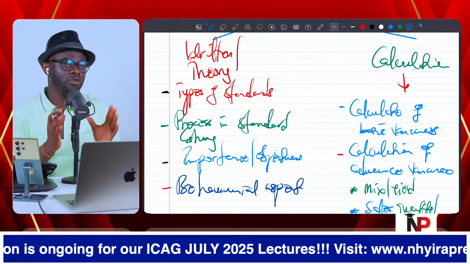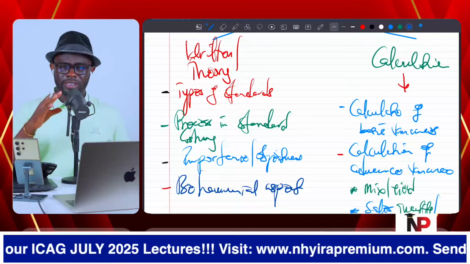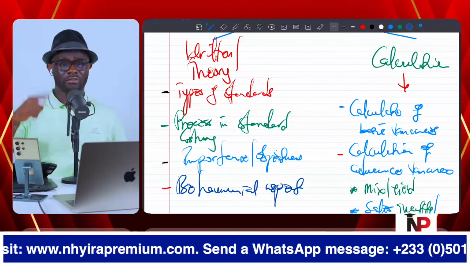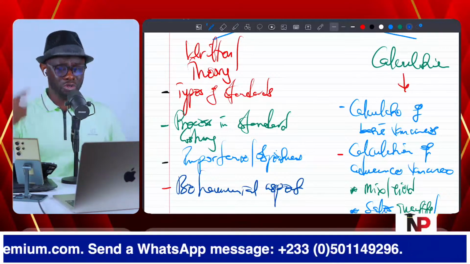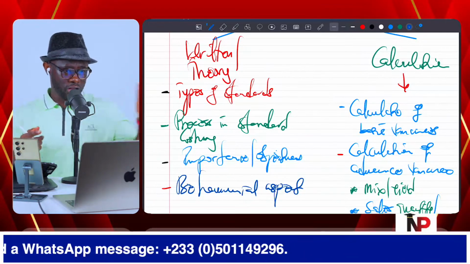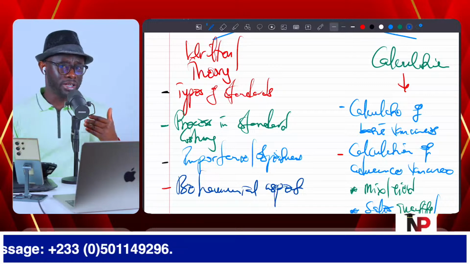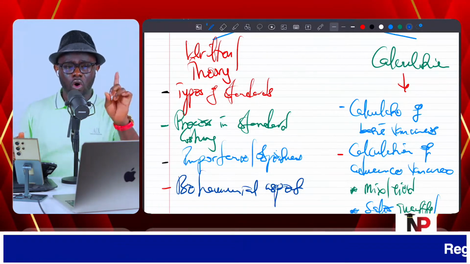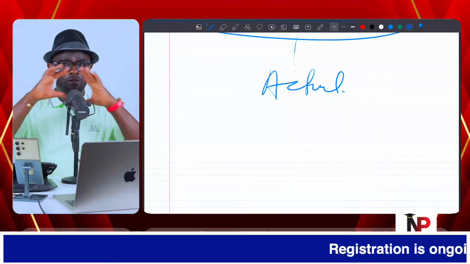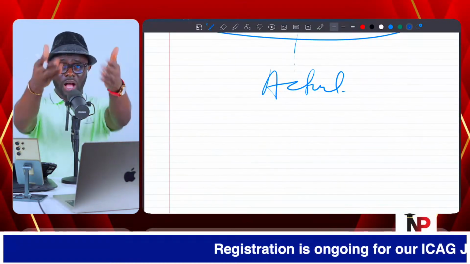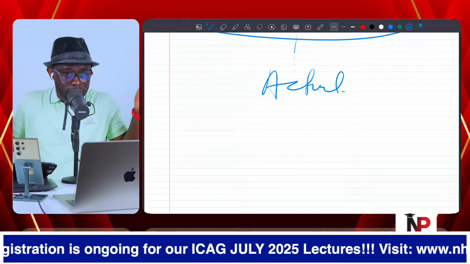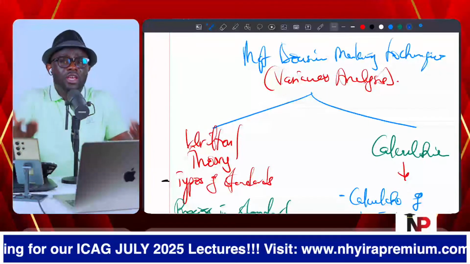And so in that environment, the examiner may ask you to calculate the variance and interpret the variance and advise the management what they are supposed to do. So you are calculating the variance, interpreting the variance, and advising the management on what they are supposed to do. Or the examiner will present you with the variances. Then he will ask you to interpret it to management. So that's the behavioral aspect.